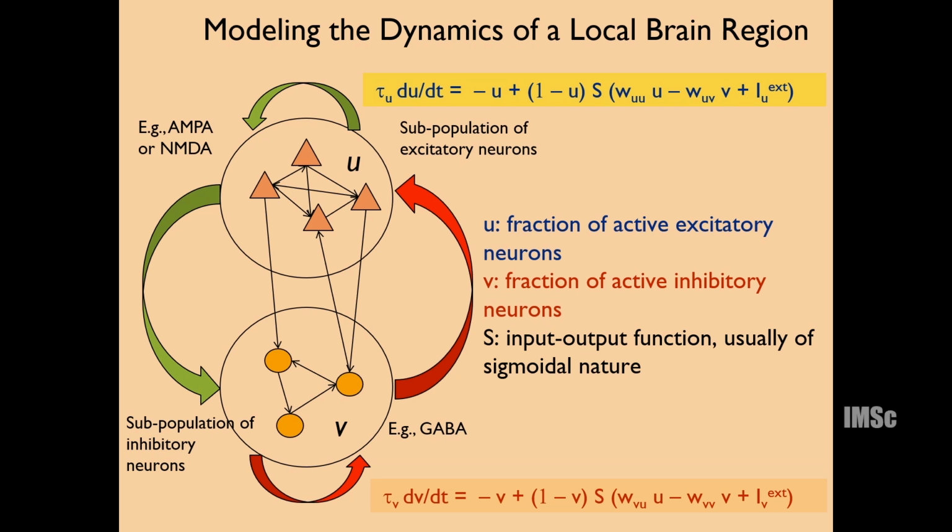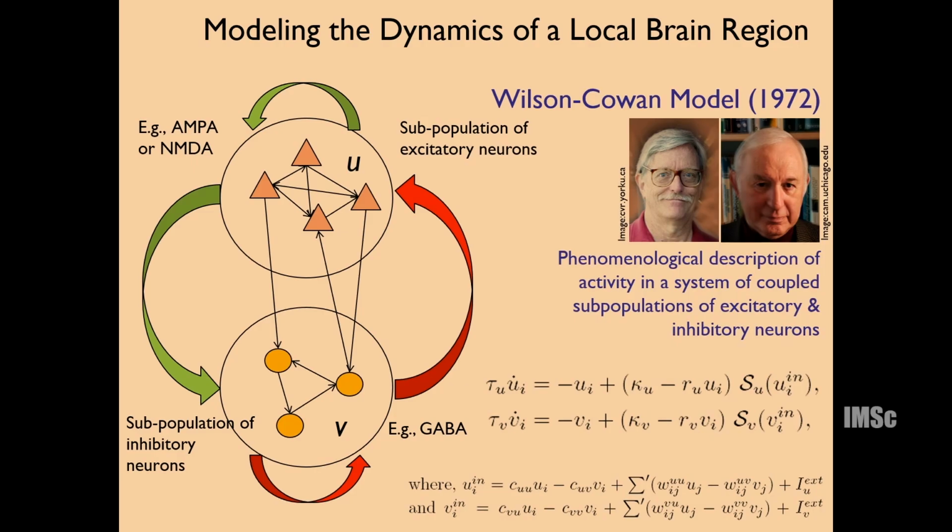All right. Most models of these kinds of things actually take this picture and then do epsilon delta variations on them. For example, the Wilson-Cowan model of 1972, one of the first neural mass models, does something very similar but in a different way, and they come up with an equation which looks vaguely similar to what we did.